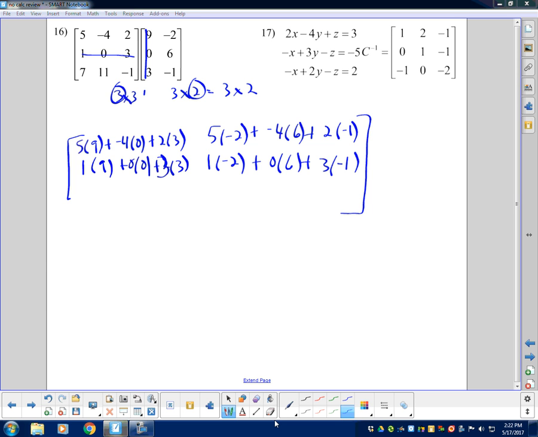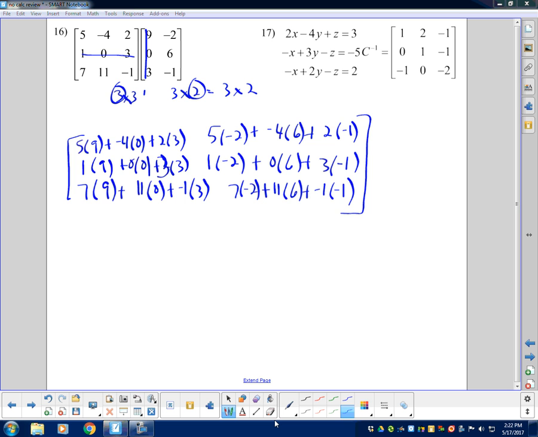And we'll do the last row in each of those columns. So we got 7 times 9 plus 11 times 0 plus negative 1 times 3. And then the next one is 7 times negative 2 plus 11 times 6 plus negative 1 times negative 1.